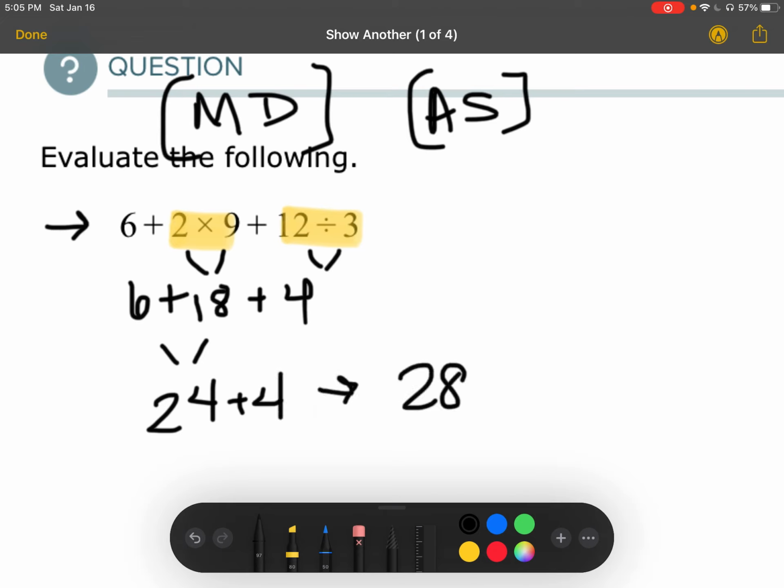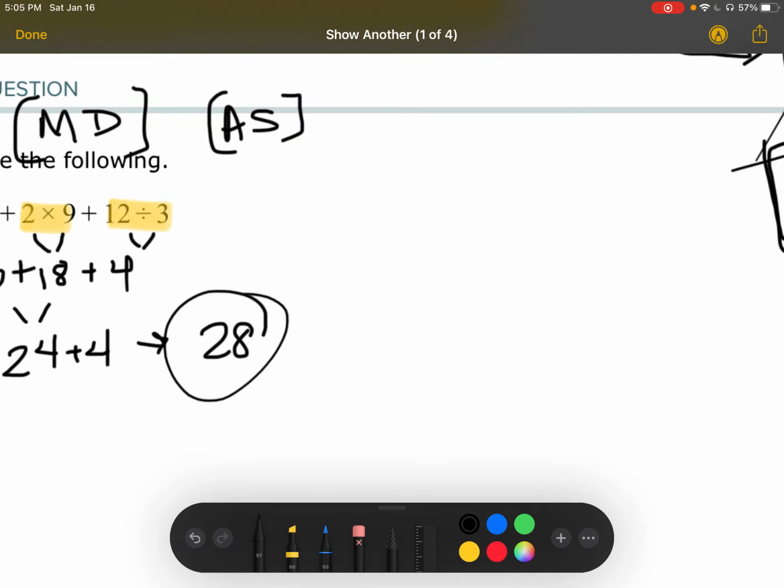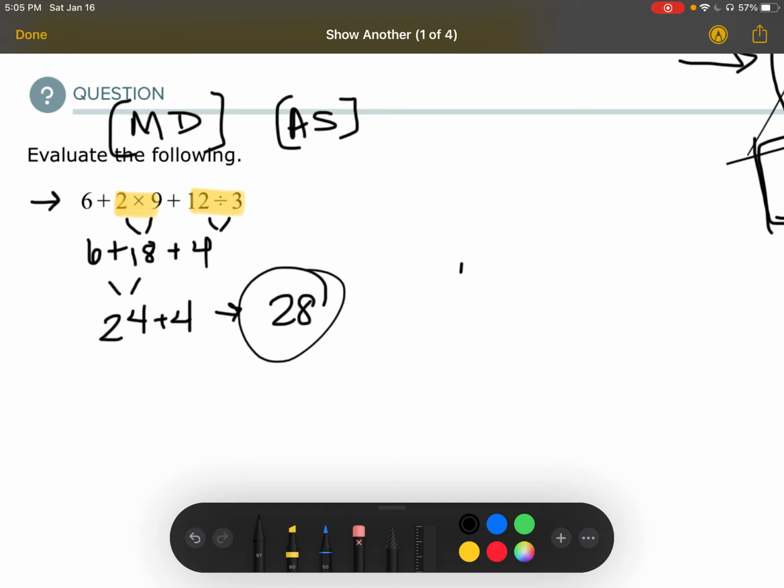Now, this is your answer, and I know a lot of you guys are going to stop here, but I'm going to give you a little tip. Let's say it was 6 plus 18 minus 4.